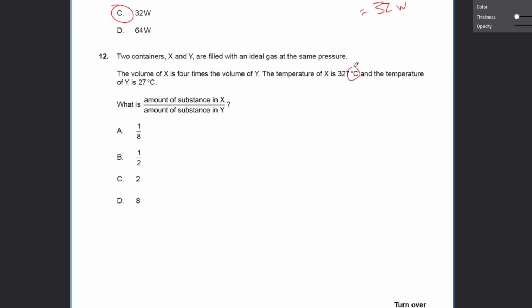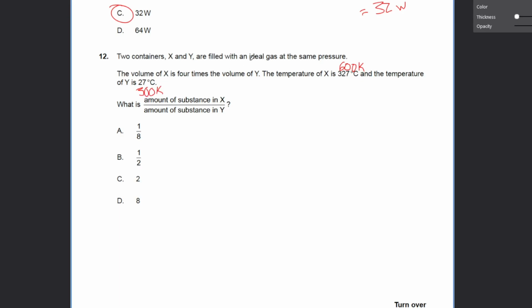These are both in Celsius, so we do need to convert to Kelvin. The conversion is plus 273, so this is going to be 600 Kelvin, or 327 plus 273.15 if you want to be exact, but that is not necessary in paper 1. And then here we have 300 Kelvin.